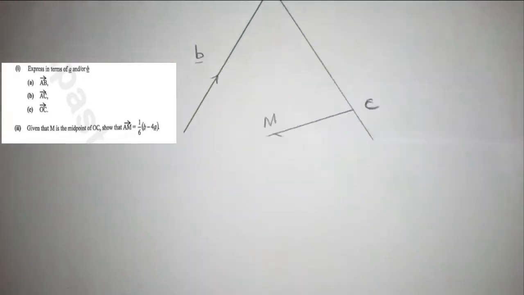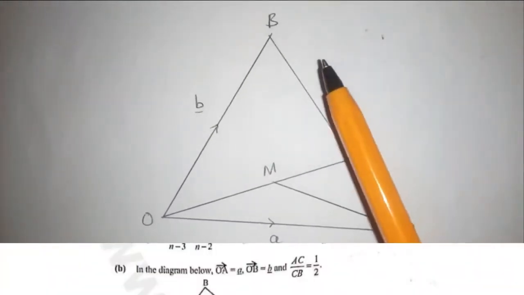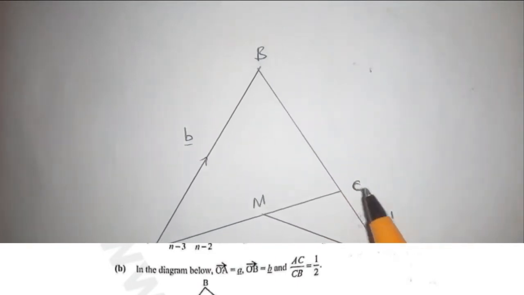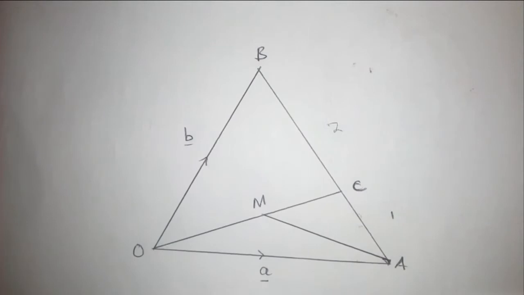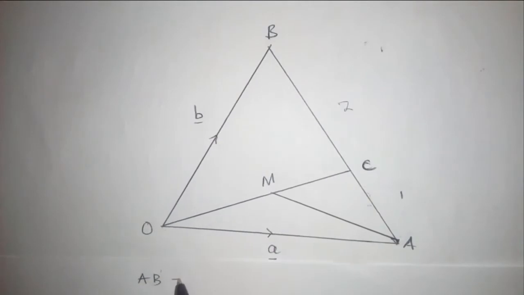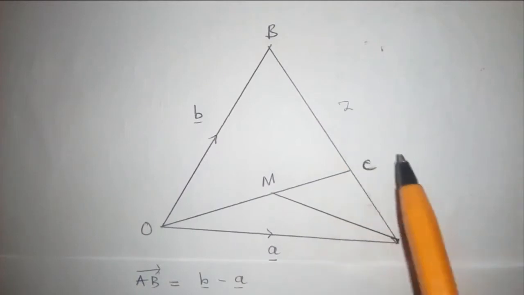So ratios here, remember we've been told in the question that AC is represented by 1 and this one is 2. So the scalar here is 2, here there is 1. Since we have found in question 1 that vector AB is equal to B minus A, what we do here is add these constants.